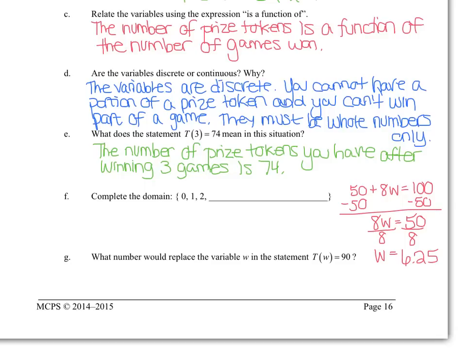So 6 games will have us still under 100 prize tokens, but once I start playing the game after the 6th one, I'm going to reach my 100 tokens. And it's okay to go over 100 tokens, but I can't go past that. What I mean is after my 7th game, I'm going to stop because I already have 100 prize tokens. So my domain is going to be 0, 1, 2, 3, 4, 5, 6, 7. And I'm going to stop at 7.